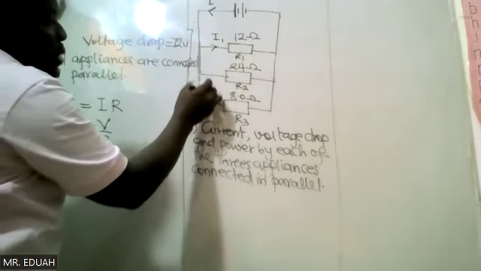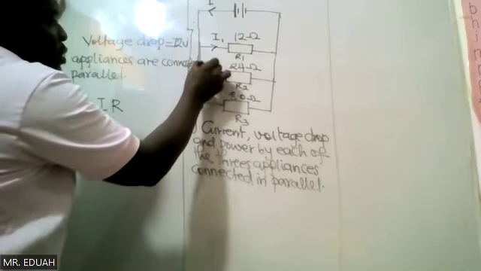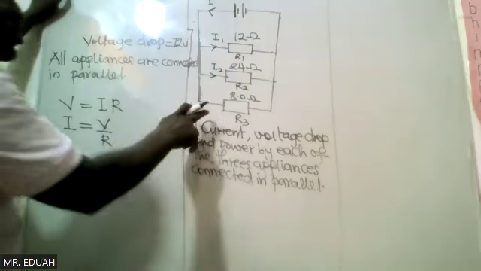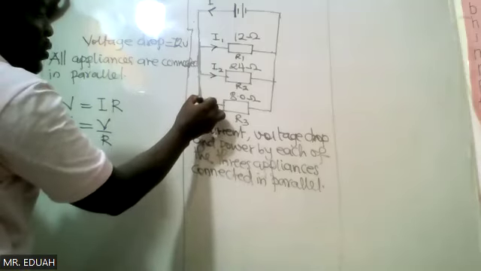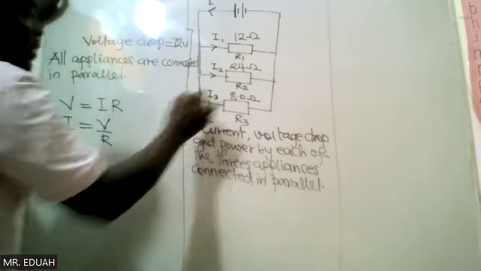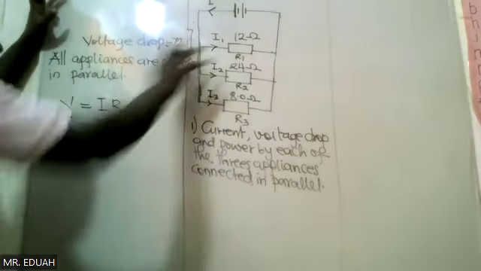What will come into R2, we are calling it I2. What will be coming into R3, we are calling it I3.